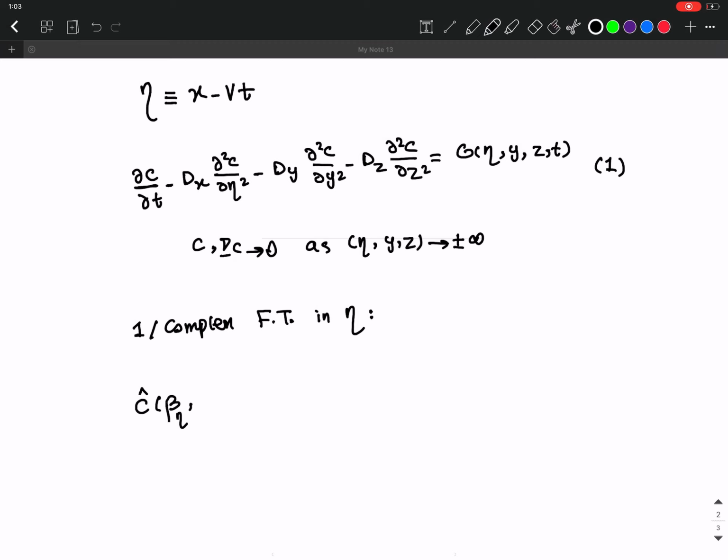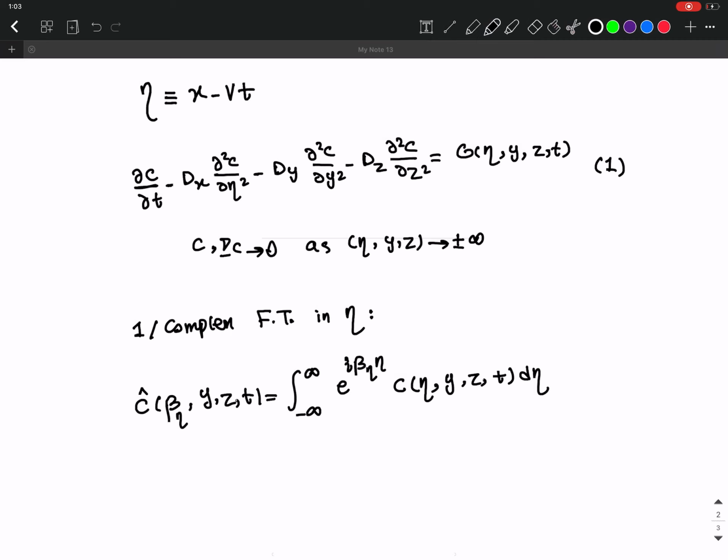I'm going to show it as c hat of beta eta, y, z, t equals the integral from minus infinity to infinity of e to the i beta eta eta c of eta, y, z, t d eta, right?